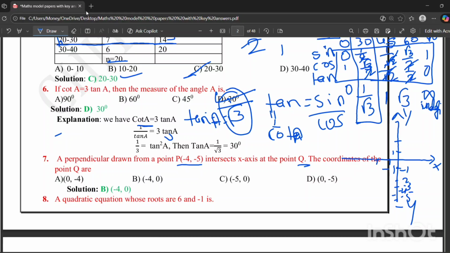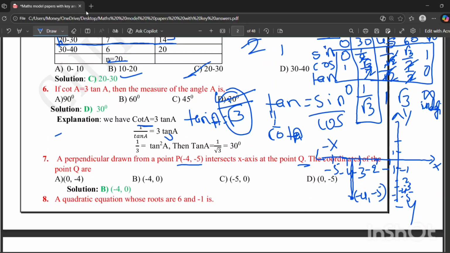This is the negative x-axis. They are telling the point P at minus 4 comma 5, where x is minus 4 and y is 5. So here is the point, minus 4 comma 5.